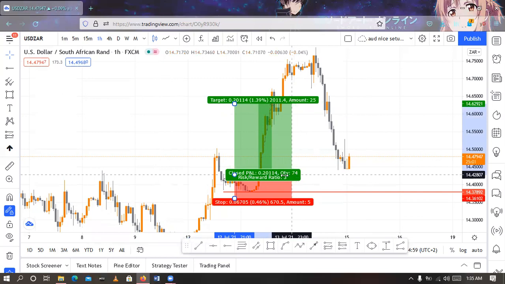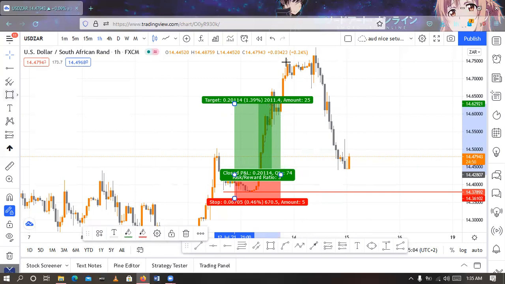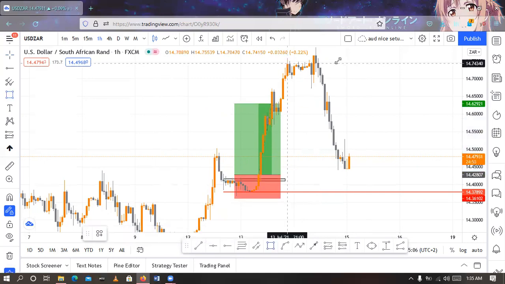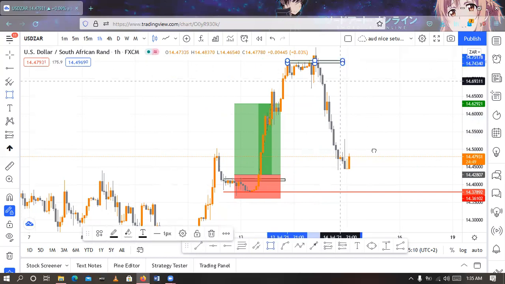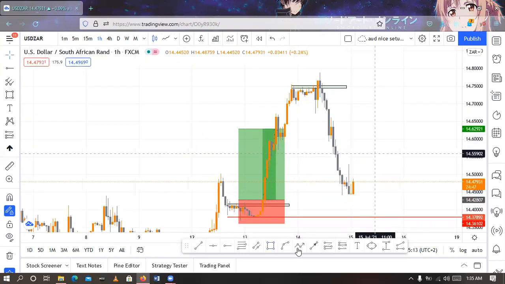Now we actually had another opportunity to enter the market at this level here. Now we could see at this level here that a level was formed, right? Let me pull this down here. A level was formed. That level failed to be broken, right?